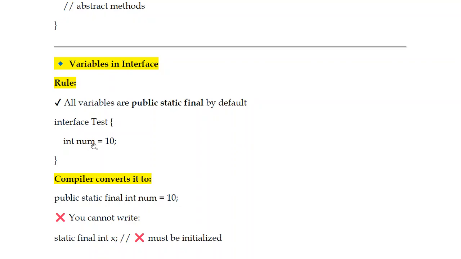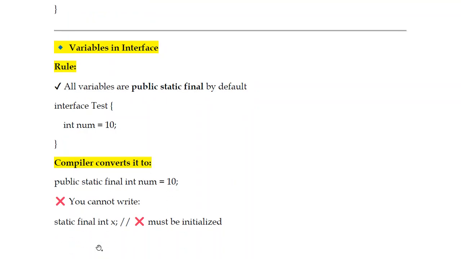So the compiler converts variables in an interface into public static final. You can't rewrite it after this. You can't modify it or initialize it again.